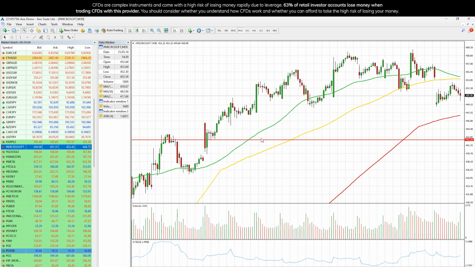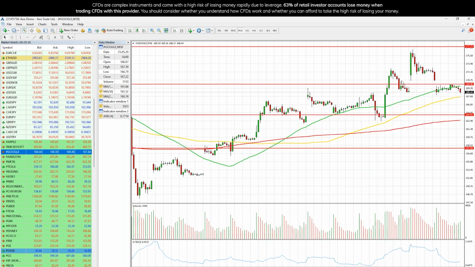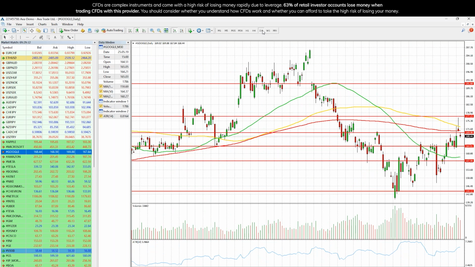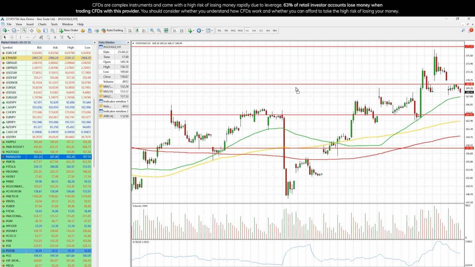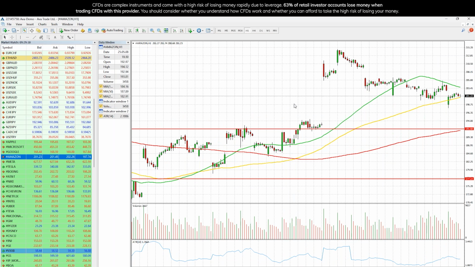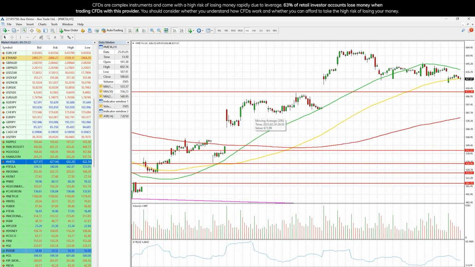When the market reopened on Friday, it was already affected by the announcement with the tariffs and Apple. So most of the stocks, probably all of them, opened with a gap. Let's do hourly charts to see. All of them opened with the gap, closing it partially, but not fully closing the gap.